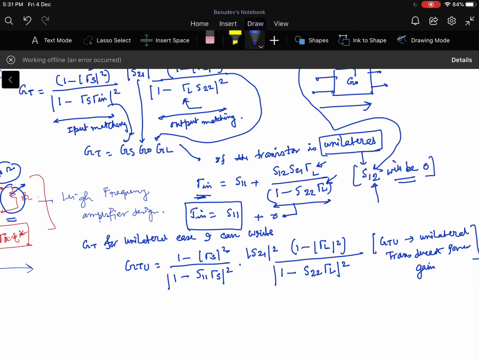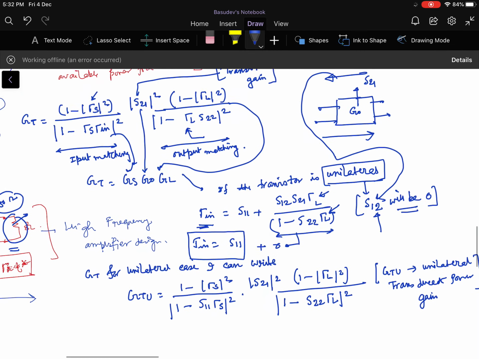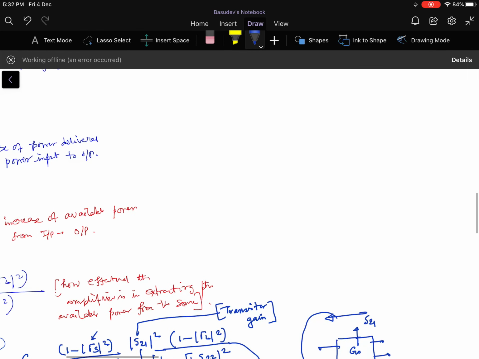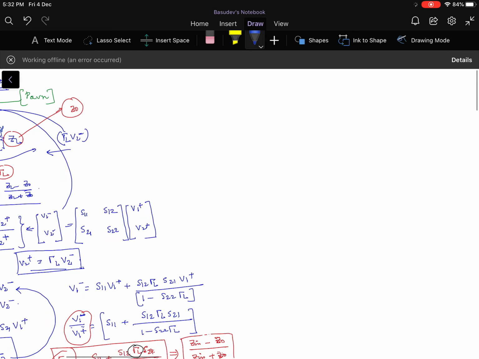So this is the discussion so far on power gain, and there is a new issue in high frequency amplifier design that one has to take care of, which is stability. So we will start today in our lecture 10, which would be based on stability.